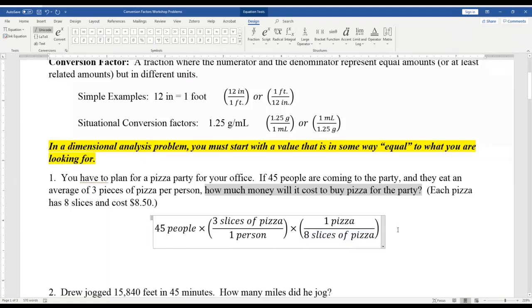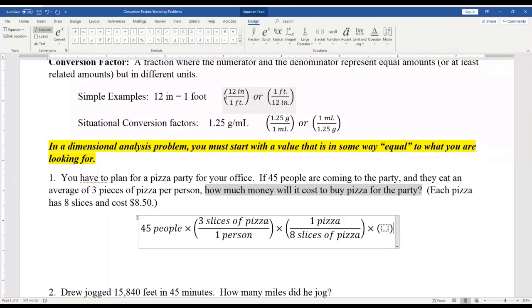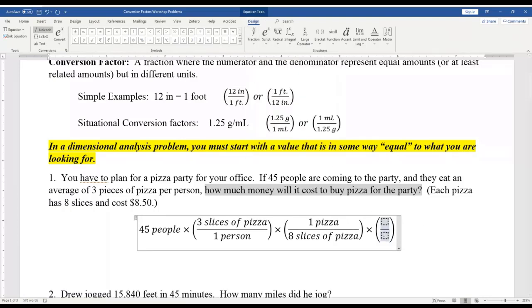I'm still trying to get the total cost. So I will go ahead and continue. All right. Now what unit's going to have to go on the bottom this time? What do we think? What unit has to go on the bottom of the next conversion factor?